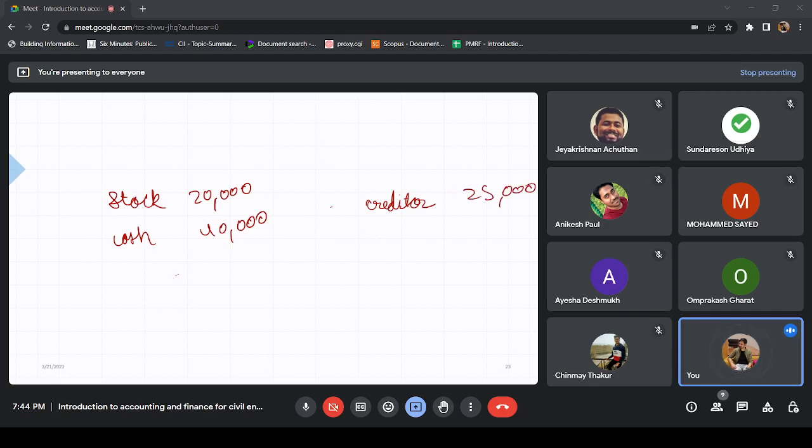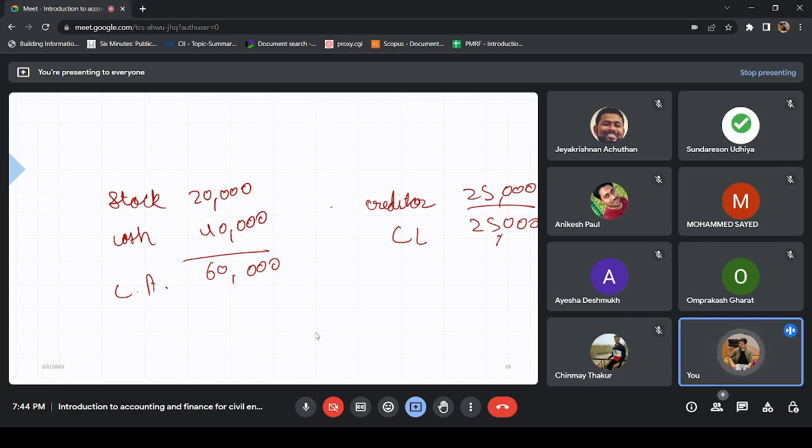So you can say that his current assets are 60,000 and current liabilities are 25,000. So will you call this firm financially sound or not?